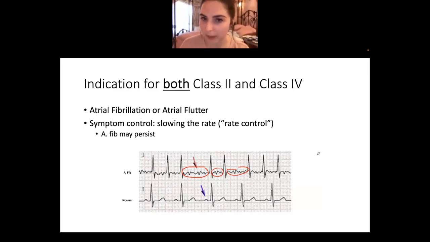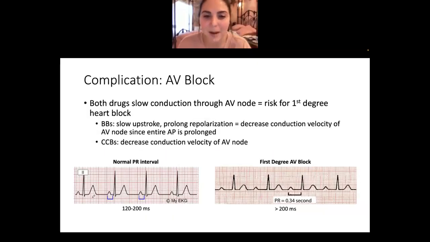It'll still make them feel better because their heart rate's not going to be fluttering like this with AFib. It's going to be good enough until you can fix the rhythm. They're good to give initially to calm the patient with AFib down. But that's what it means when it says AFib might persist. It might still be an irregular rhythm because these have nothing to do with rhythm.